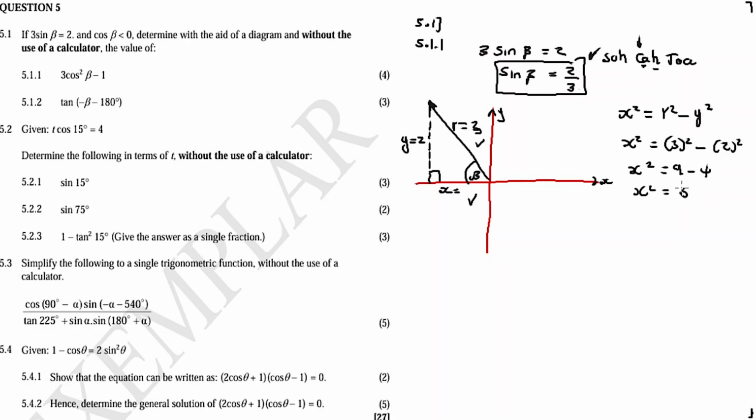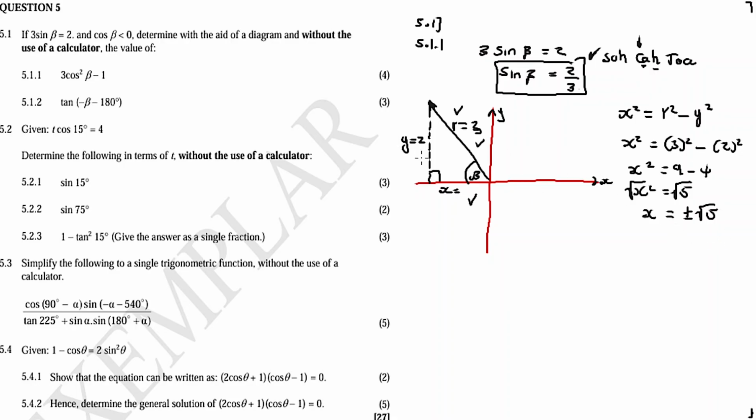That's 5. Then we take the square root of both sides, so the answer is plus or minus the square root of 5. When we take a square root we always say plus or minus, but r is always positive, so there's no need to do the plus or minus thing when calculating r.